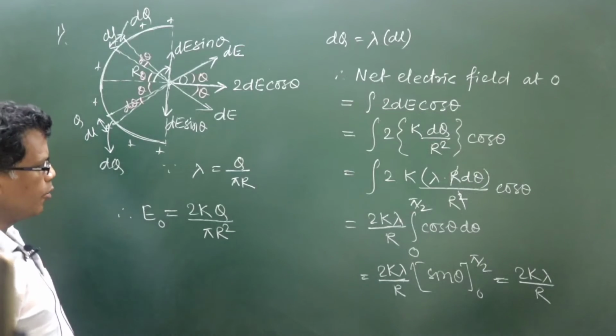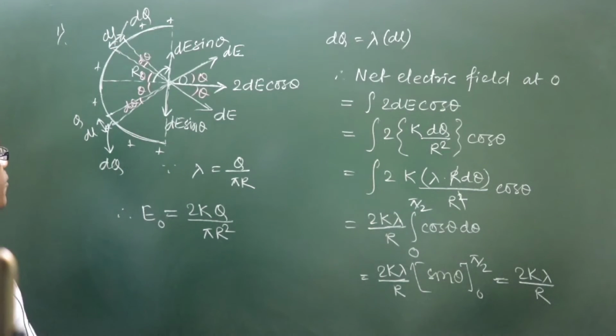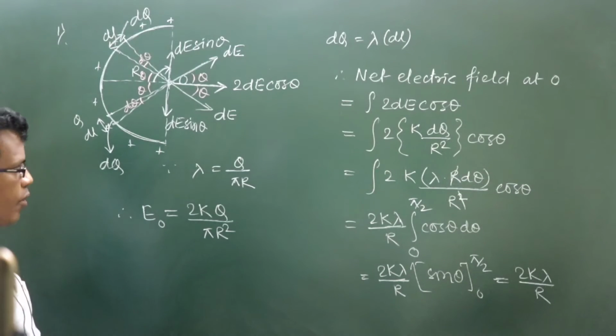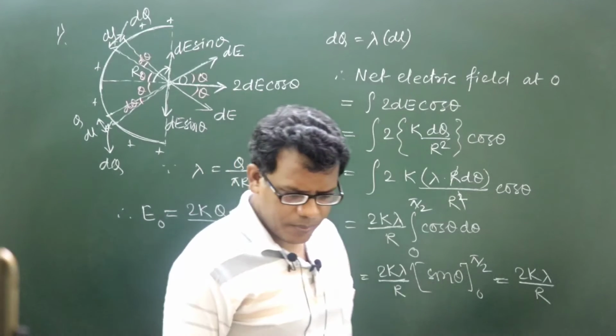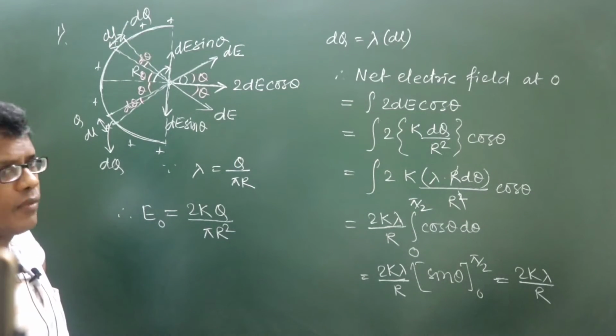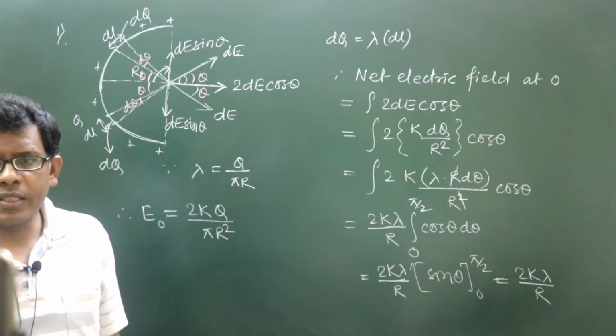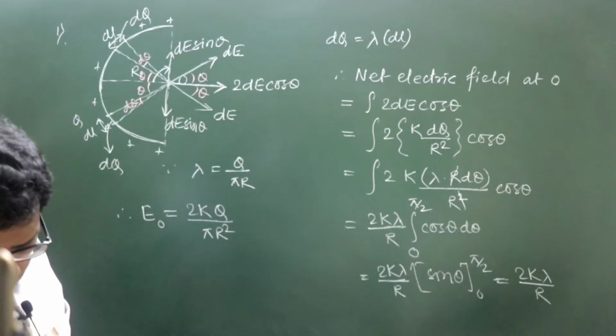So 2kQ by pi r square is the electric field at the point O due to this uniform charge distribution. Again, I will continue the problem with a similar situation. I would like to see more variation on this.